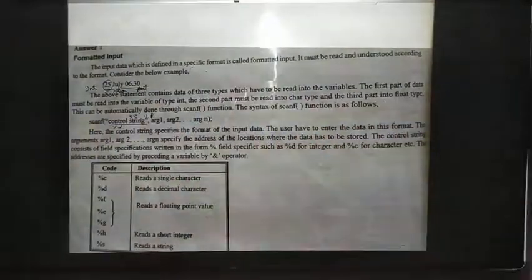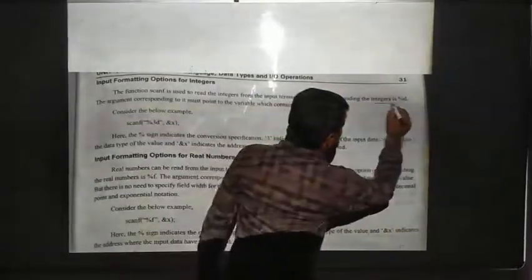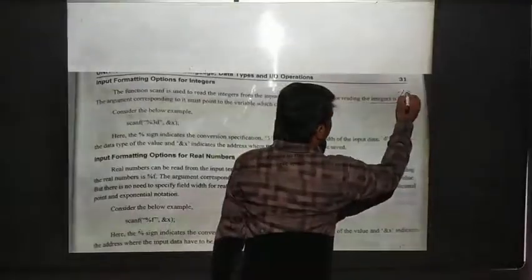If we see one example, now let us see individual input formatting options for integers. Integer means %d. Here the scanf function is used to read integers from the input terminal. %d is used for integers. Consider the below example.